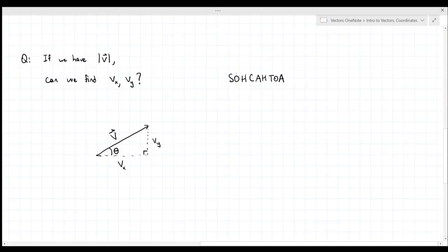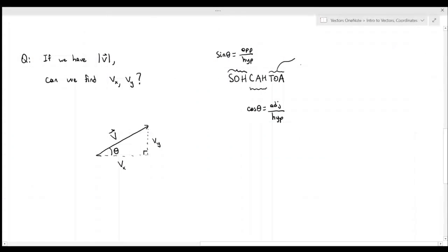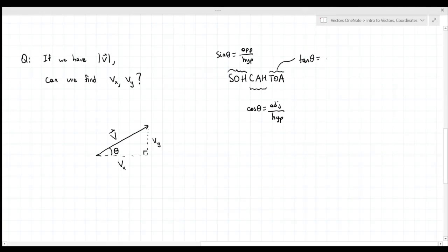SO says that the sine of an angle in a right triangle is the ratio of the opposite side over the hypotenuse. The CAH part says that the cosine of an angle in a right triangle is the ratio between the adjacent side and the hypotenuse. And finally, the TOA part says that tangent is the opposite over the adjacent.